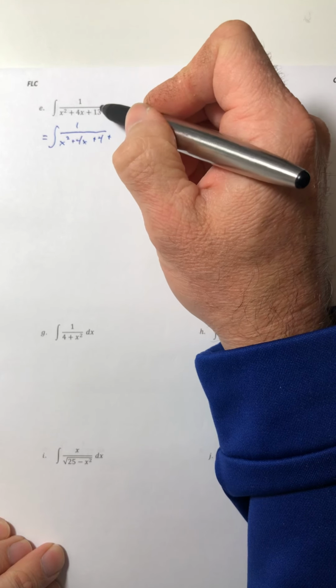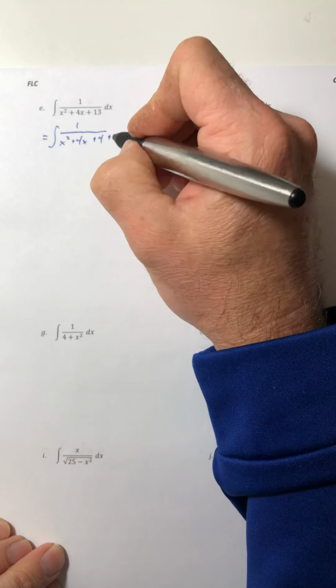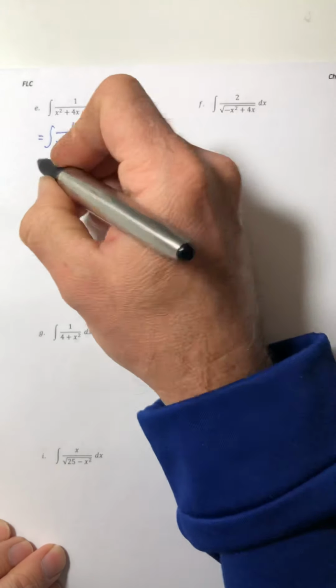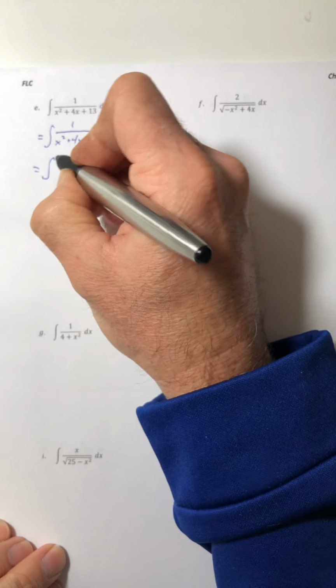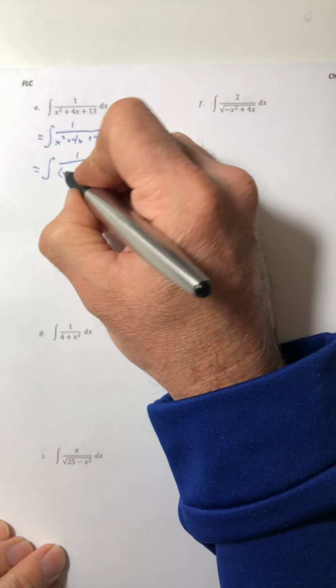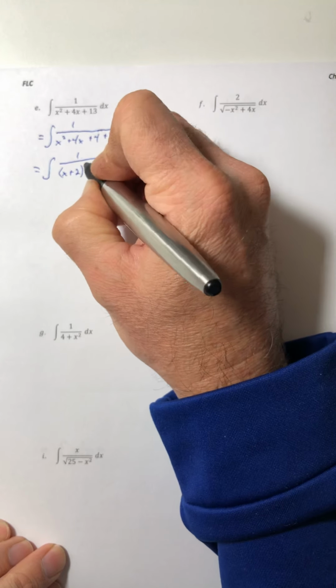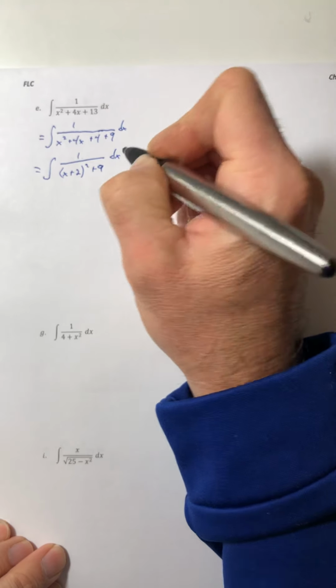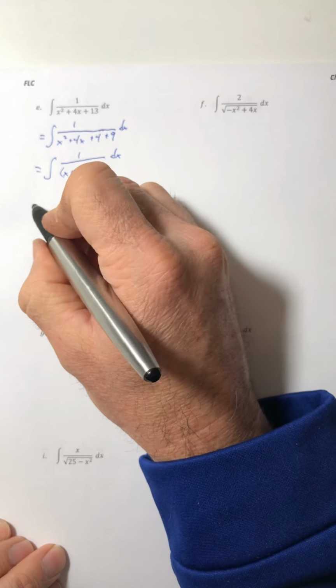Well, I had a 13, so if I take 4 from the 13, I have 9 left over. So now I can factor those x's. And there we go. We have the format we want.